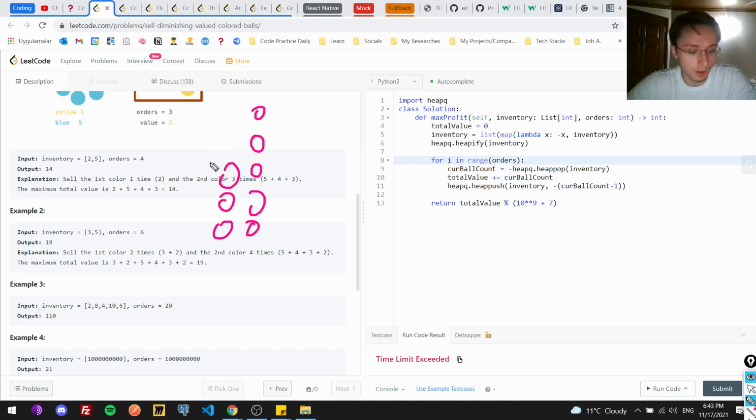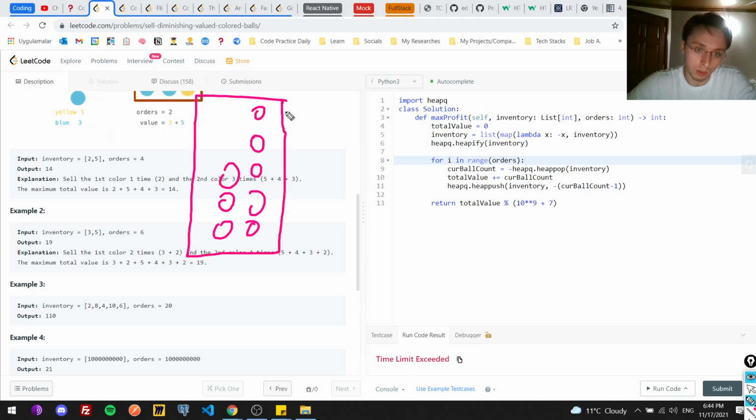To know how many you can have, normally if you have 5 and 5, you can have it here like that, but we don't have these, so maybe we perform some kind of binary search, but in a vertical way, on this side.